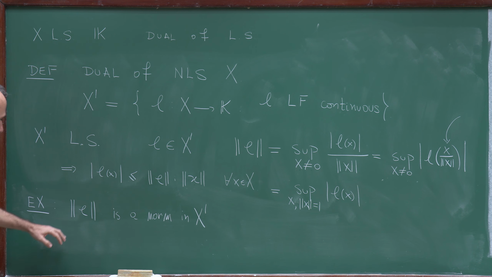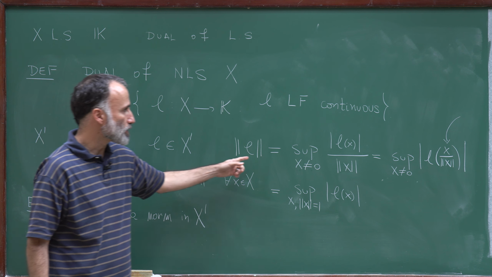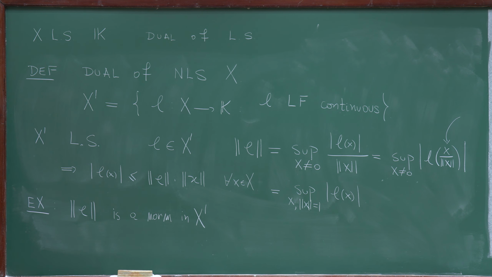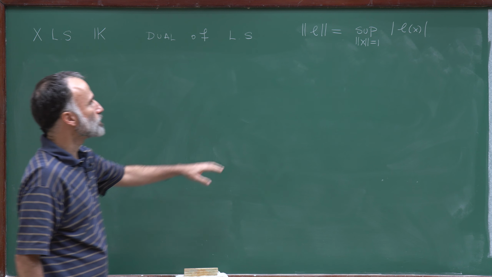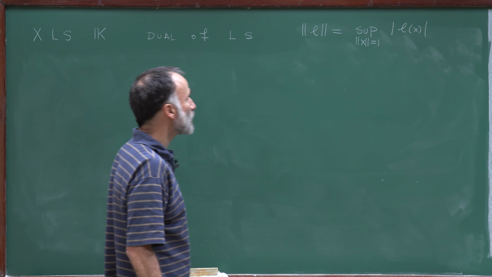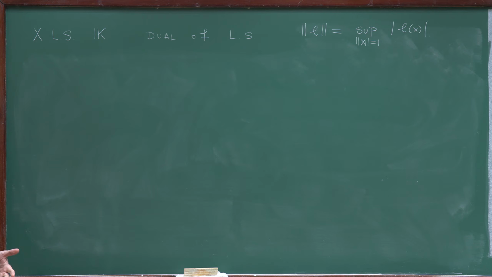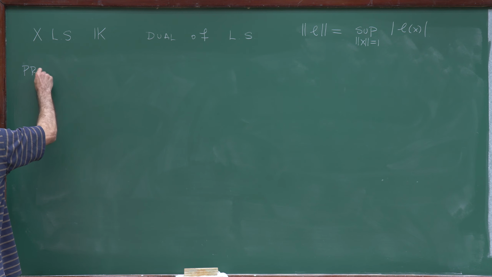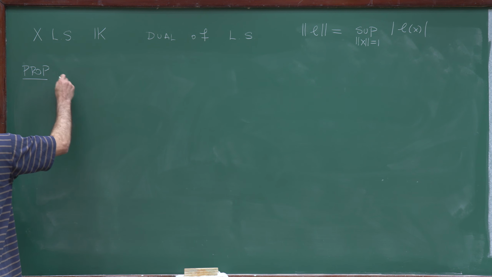So I leave it to you to check that all three properties of a norm are satisfied, and therefore that one of these equations defines a norm in the dual space. So I wrote on this side the definition, and I will now prove a very simple fact about the dual space.